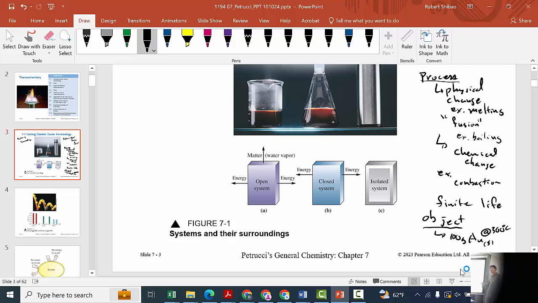So if I add energy to this, I hope the gold doesn't disappear like the ice would. If I'm adding energy to ice, eventually the ice is gone and my process is gone. Do you see the difference here between an object and a process, someone? We'll have more examples of this later.